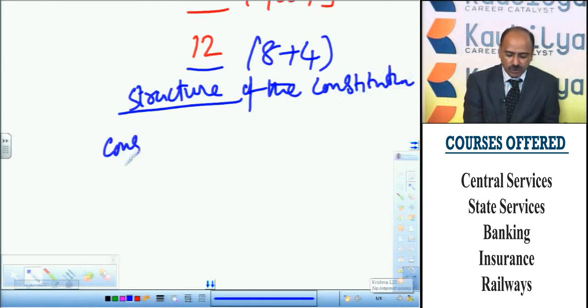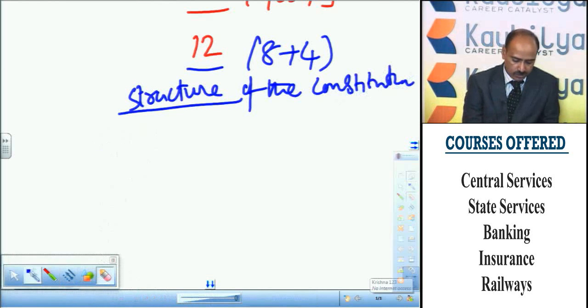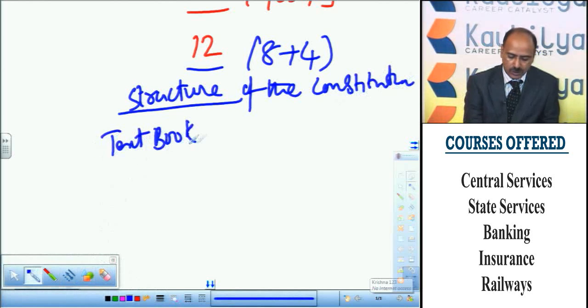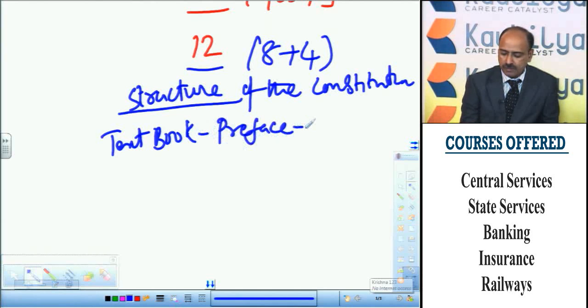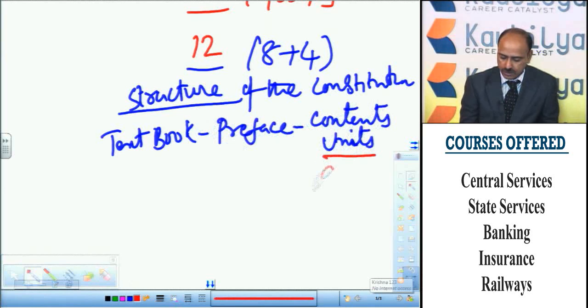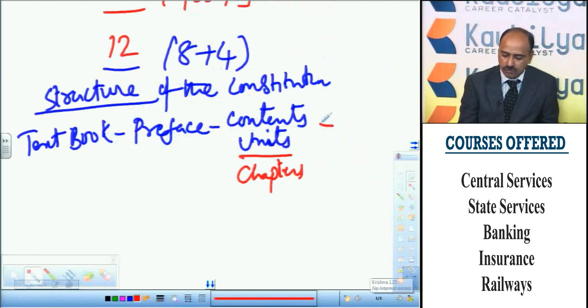That's why we take the textbook as an example. A textbook starts with a preface, later contents. Contents means units and chapters. Finally, index.